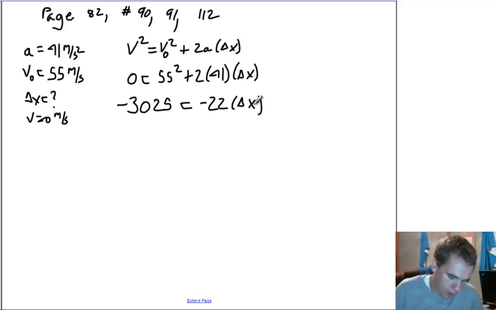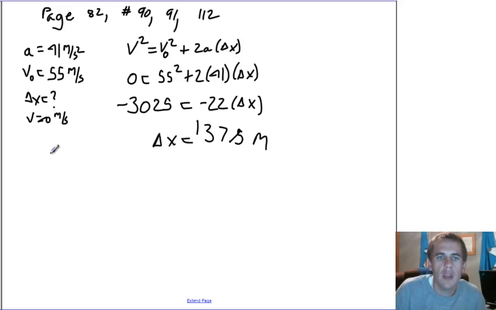Divide both sides by negative 22, and we get delta x equals 137.5 meters. Okay. So that takes care of part A. That's how far it moves.